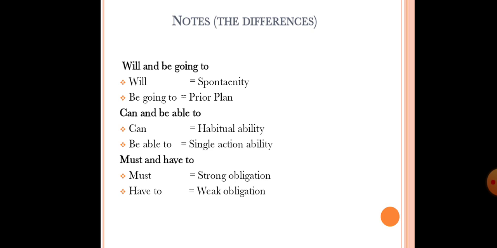Example, my eyesight is not good enough, so I have to wear glasses for typing. Or I have to go now. I have to eat. I have to speak. Just weak obligation.